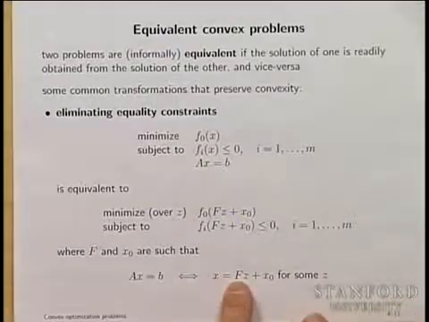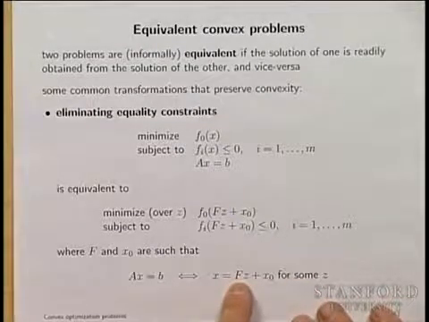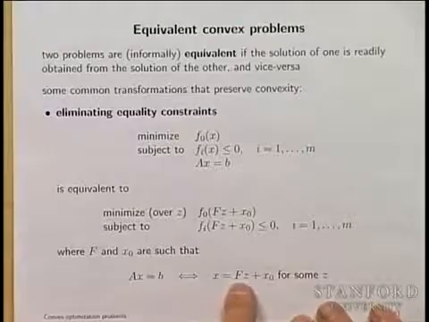Now, how do you get F? I mean, these are quite easy. F is like the null space. The columns of F would be a basis for the null space of A. Not a basis, sorry. They would span the null space of A. That's all we have to do. And then x0 is any particular solution of Ax equals b. For example, it could be the least norm solution.